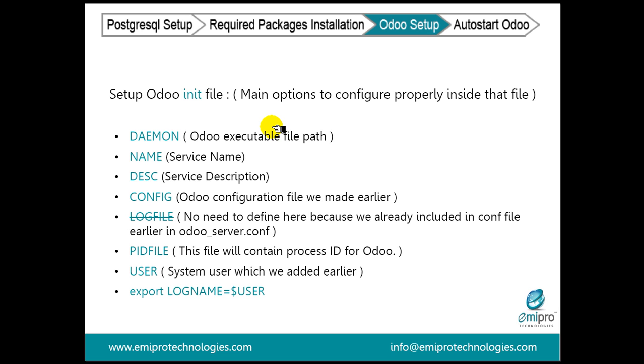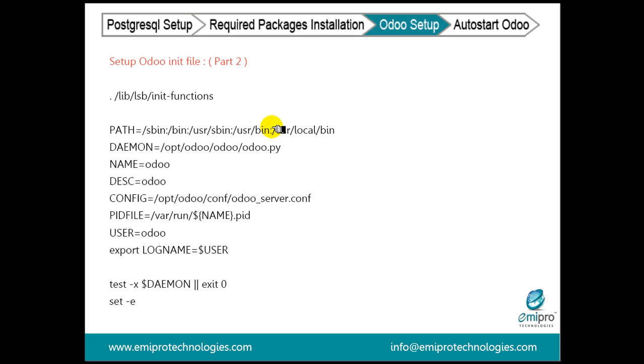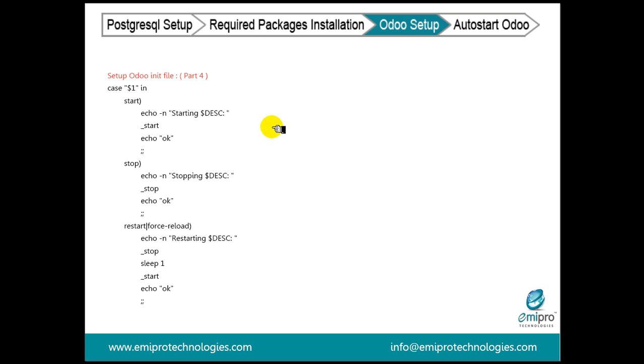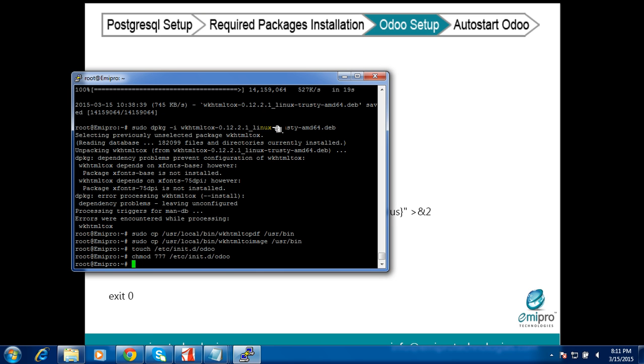The PID file is the process ID file, and then the user on behalf of which OpenERP or Odoo will be started. So here in the next slide I have split the file into different parts. You just need to copy and paste them inside your file. I will do the same.